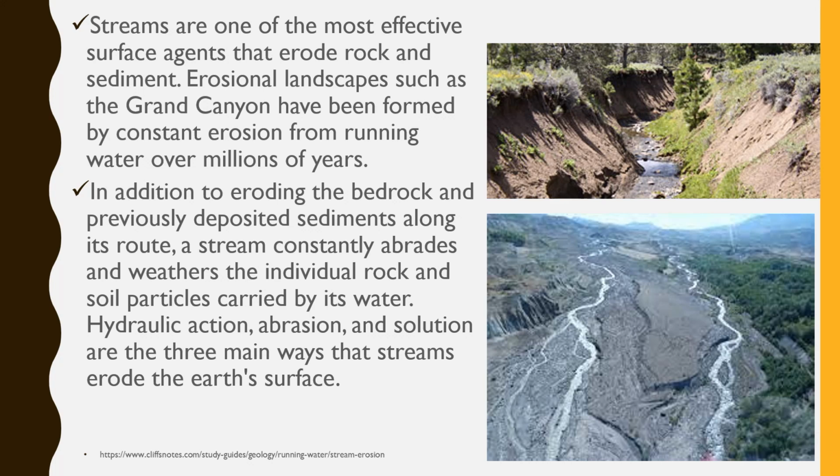Meanwhile, on the bottom picture the width of the river stream is very high. Therefore, the area of erosion, the area which is prone to water erosion, is larger, but the depth of the stream is not very high compared to its width.